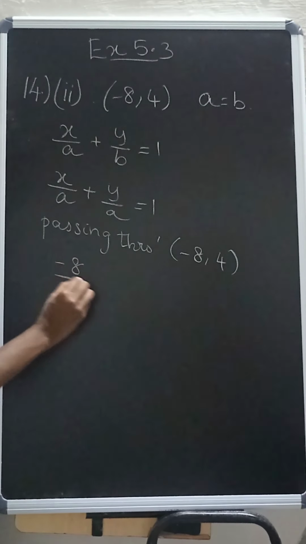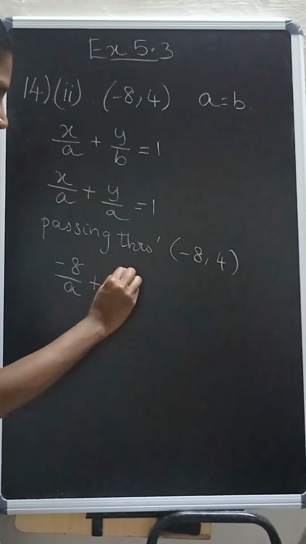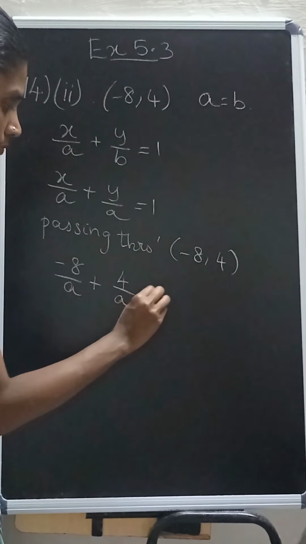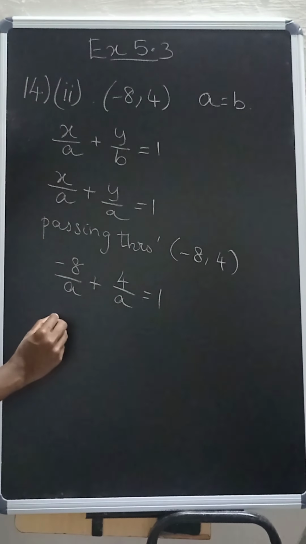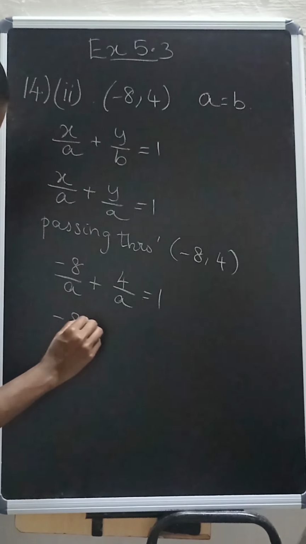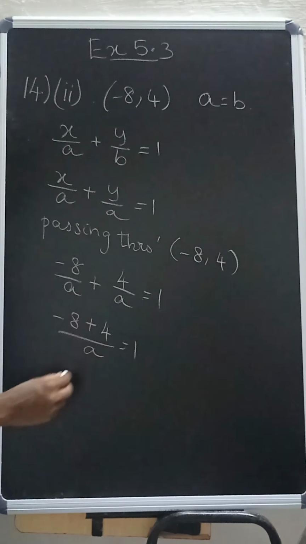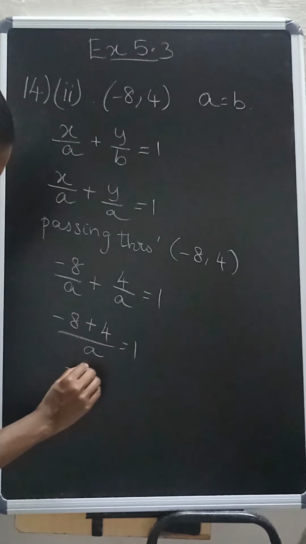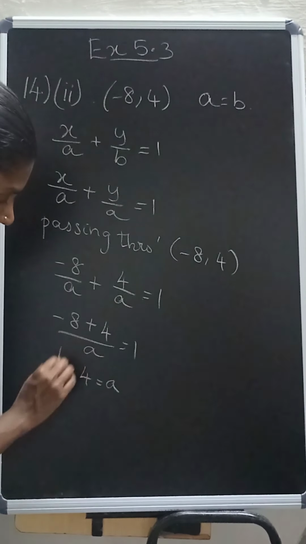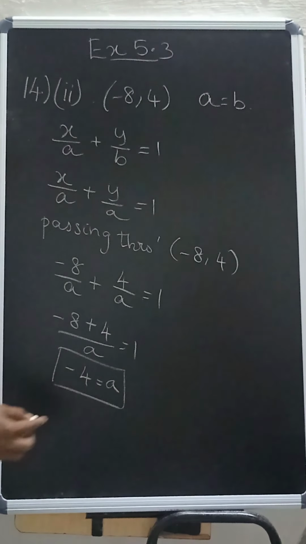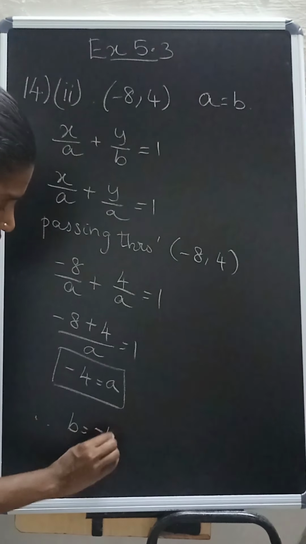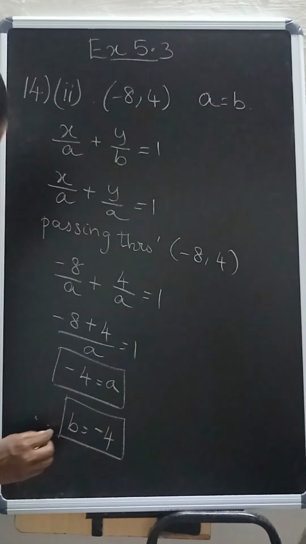Substitute the values. Take LCM. So minus 4 is equal to a. So you have a is equal to minus 4, therefore b is equal to minus 4. Because they have given you equal intercepts on the coordinate axis.